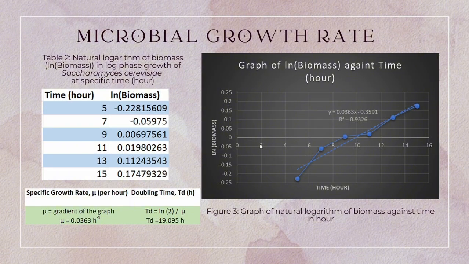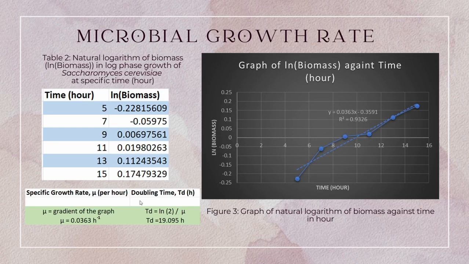The specific growth rate, mu per hour, can be obtained directly from the gradient of this straight line graph. So mu equals the gradient of the graph, which is 0.0363 per hour. This means the specific growth rate of the yeast is 0.0363 per hour.